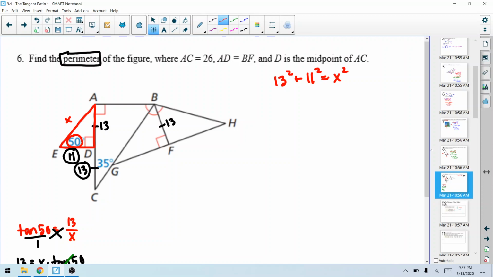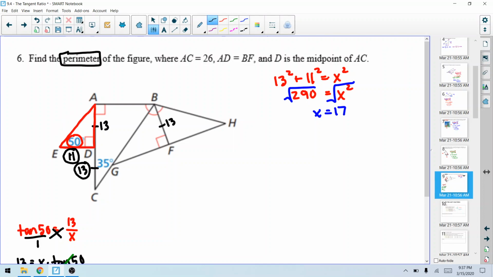Let's see, 13 squared plus 11 squared is 290. And then take the square root of both sides. Square root. I'm getting 17.02. So roughly, I'm going to say x is 17.